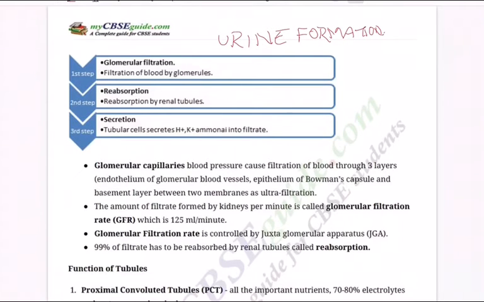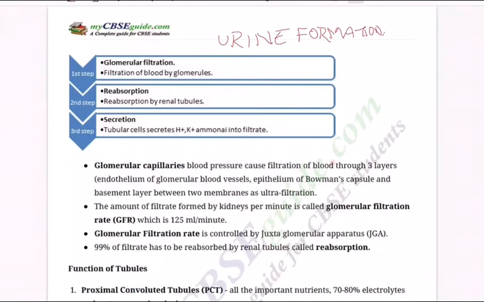All those parts, like glomerulus, Bowman's capsule, PCT, Henle's loop, DCT, and of course the collecting duct, along with the afferent and efferent arterioles, help the nephron to perform the function of excretion effectively.